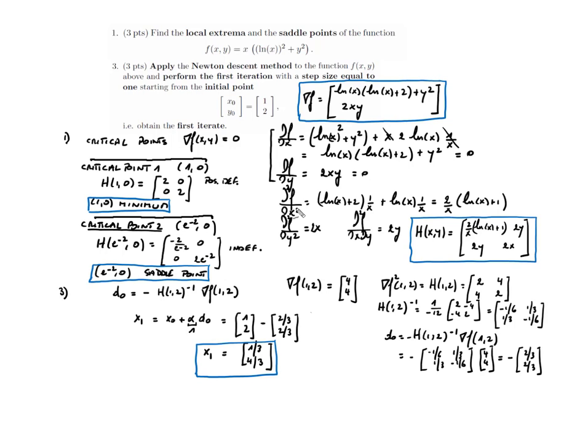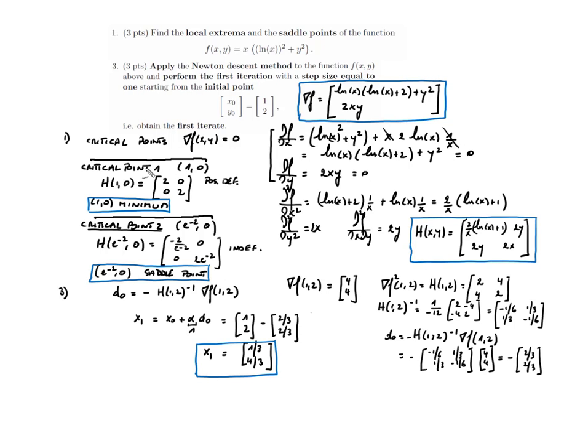Then you have to compute the second derivatives with respect to x, y, and the mixed derivative with respect to x and y. So take this one and take the derivative with respect to x, so this yields 2y. So this is the expression here of the Hessian.